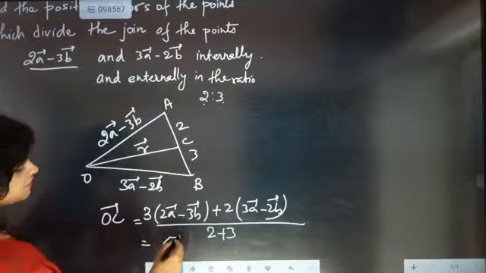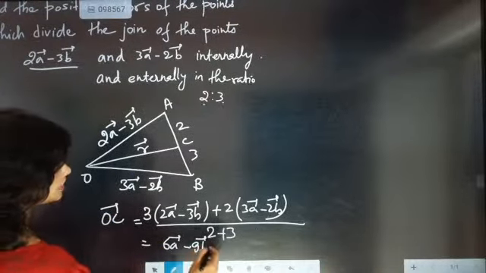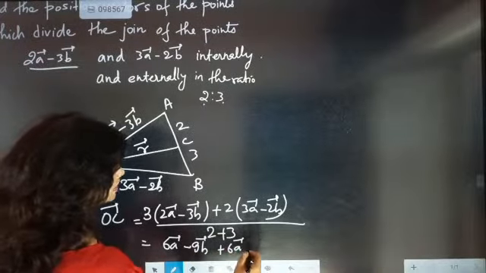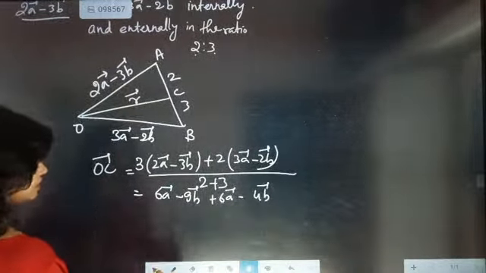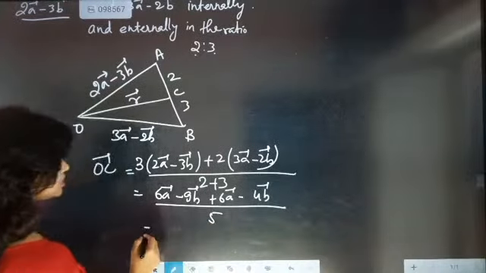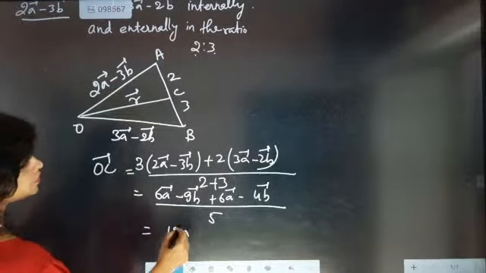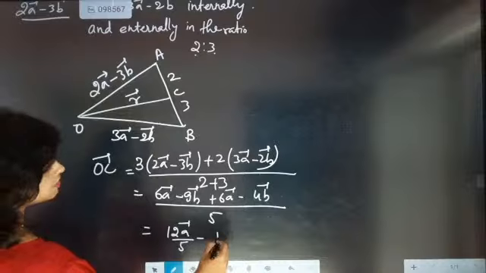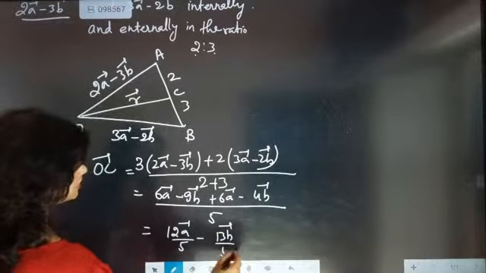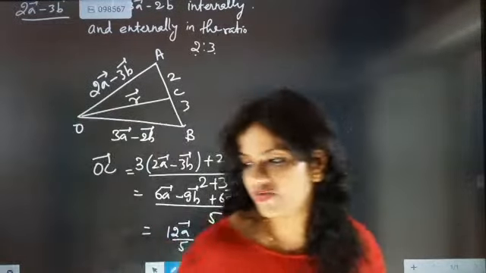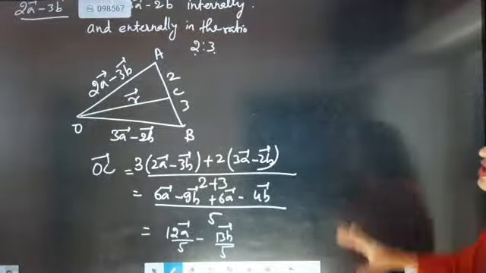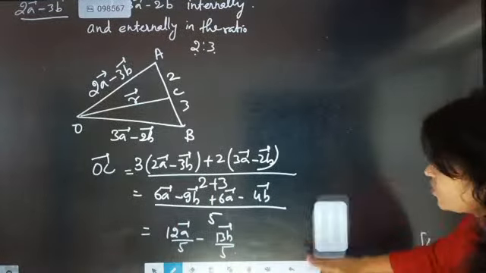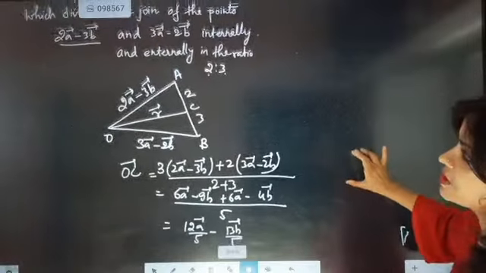So 6a vector minus 9b vector plus 6a vector minus 4b vector. That's why I was telling that by 5 will be there. Position is very, very important. So it will come 12a vector by 5 minus 13b vector by 5. So this is exactly internal division. This is coming for, yes, same answer. This is exactly going for internal part beta. So only I just changed that part.